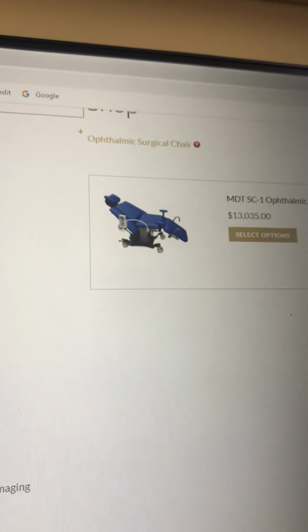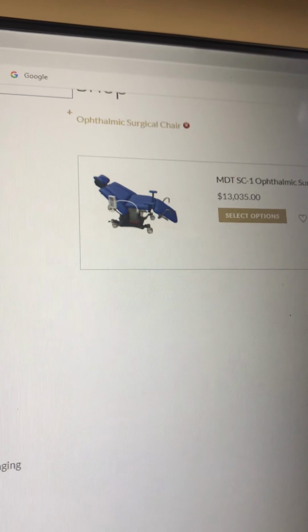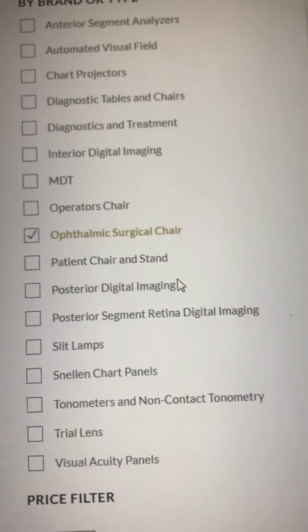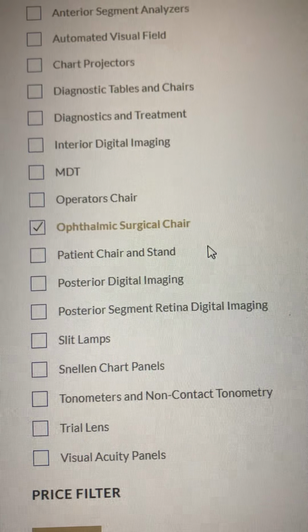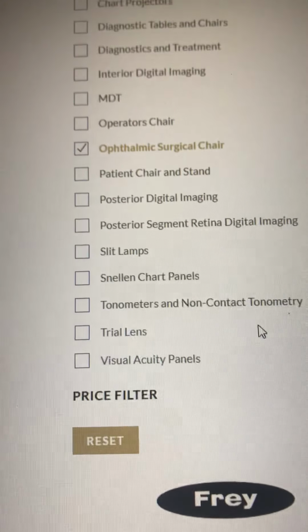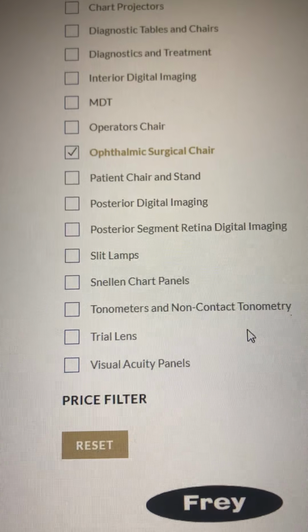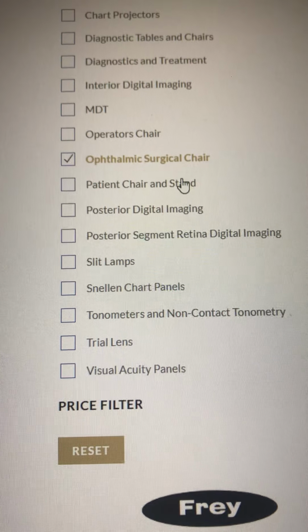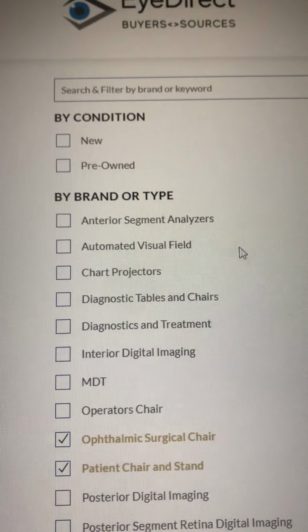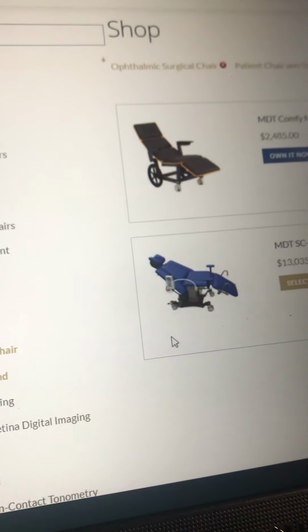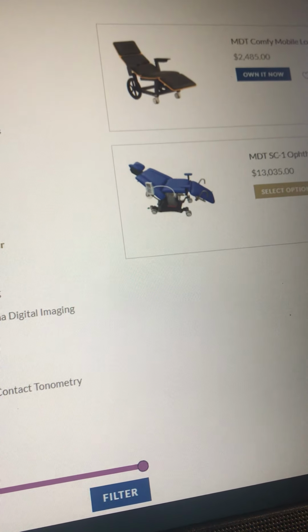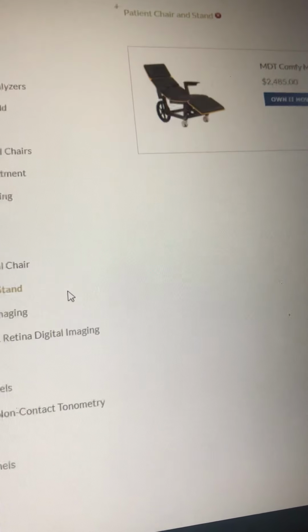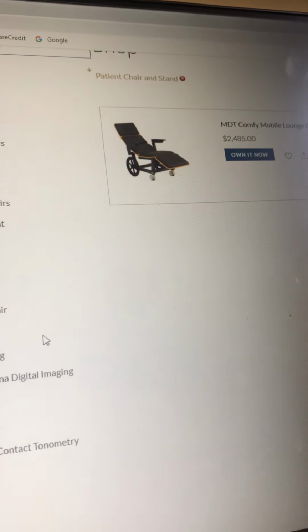That needs to be patient surgical chairs or surgical stretchers. People are going to get surgical stretchers, I think, from a kitchen English perspective. Patient chair and stand, I don't get why we have that.